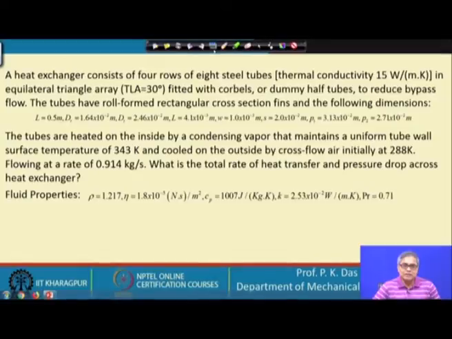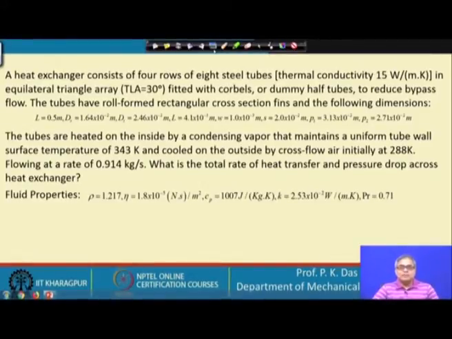So, in this problem we have neglected the resistance inside the tube due to condensation, because that resistance is very small compared to the other resistances. Also, in many cases one can neglect the resistance of the metallic tube, because metal has high conductivity and a low thermal resistance compared to the resistance offered by the gas outside the tube.